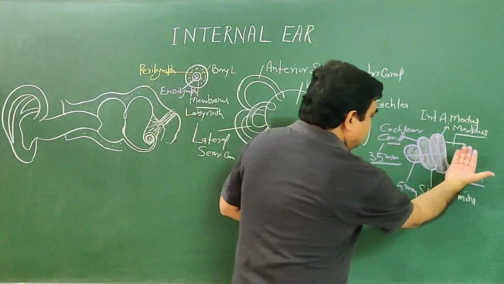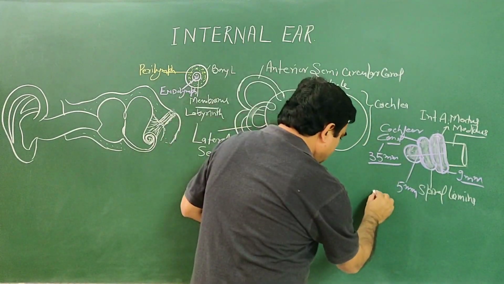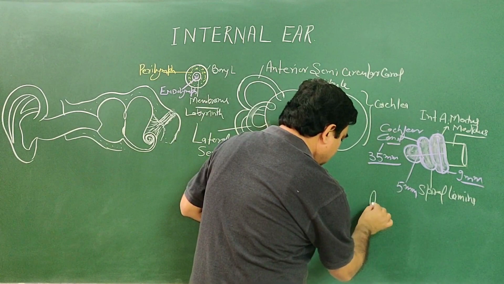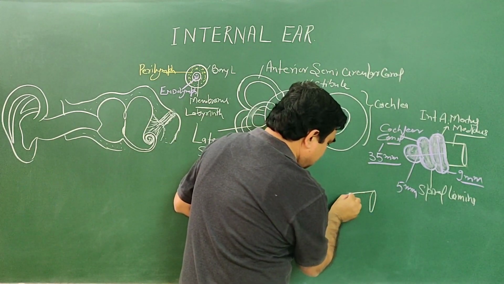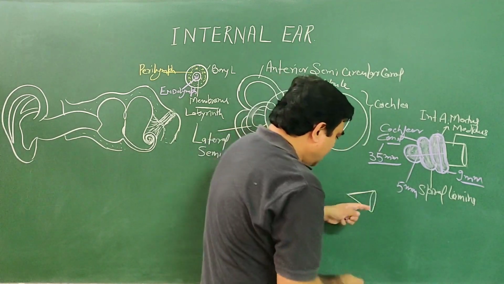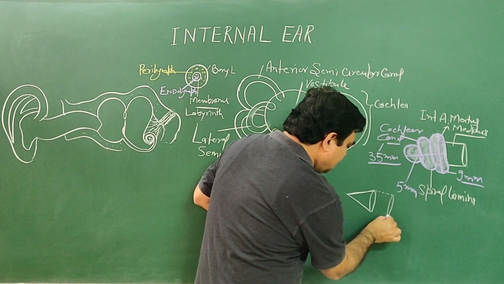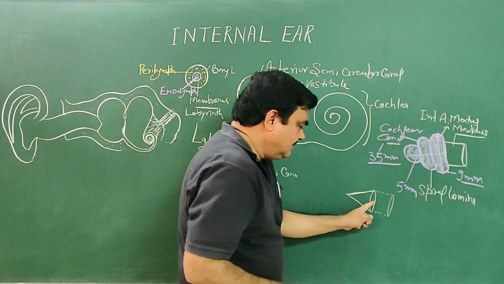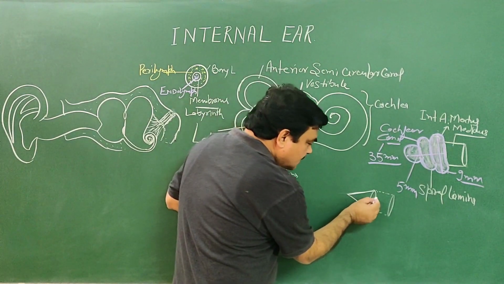If you cut a section like this, you will find this conical projection. This is the modiolus. Here the internal acoustic meatus opens. This is the bottom of the internal acoustic meatus. This cone is the modiolus.